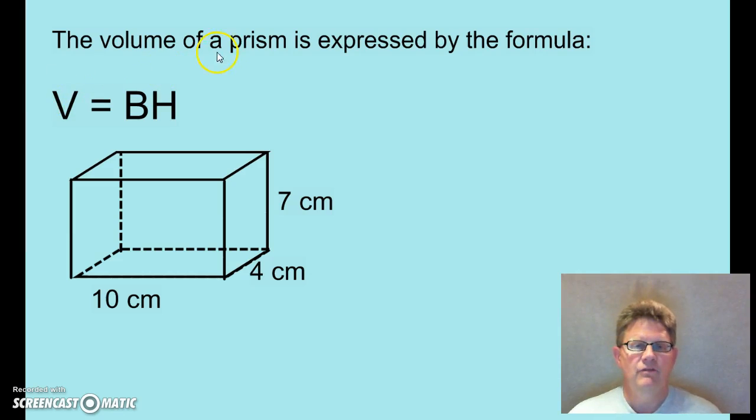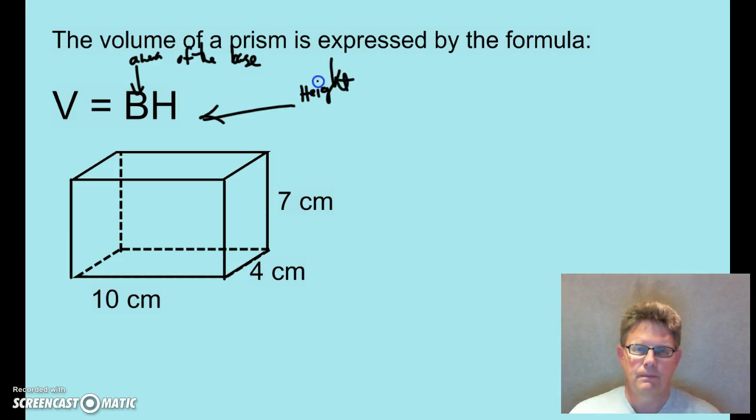Okay, the volume of a prism is expressed by the formula V equals capital B H. B again stands for the area of the base, and H stands for the height of the prism.